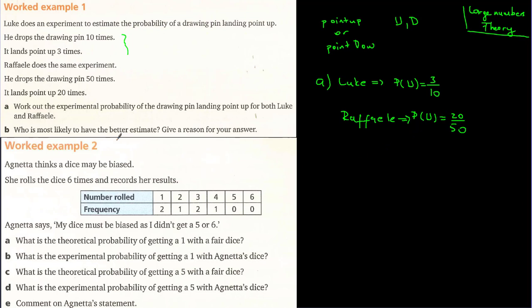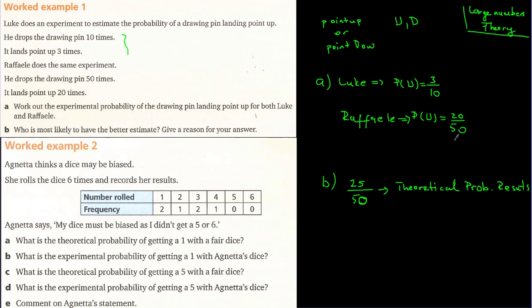Who is most likely to have the better estimate? Give a reason for your answer. Firstly, the theoretical probability tells us 25 divided by 50. This is the theoretical probability result.